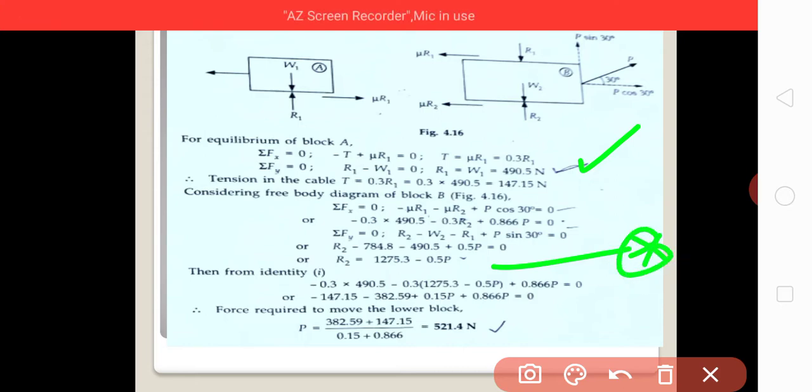Now, from the first we find 0 equals minus 0.3 into 490.5 minus 0.3 into (1275.3 minus 0.5 P) plus 0.866 P. What we have done is put the value of R2 in this equation. On solving, we find P equal to 521.4 Newton.